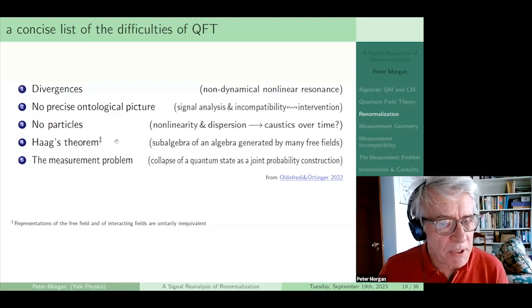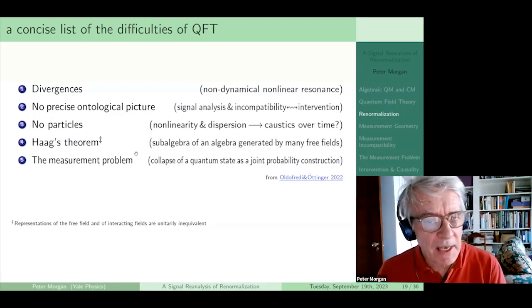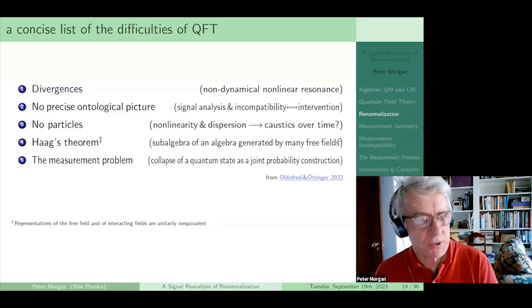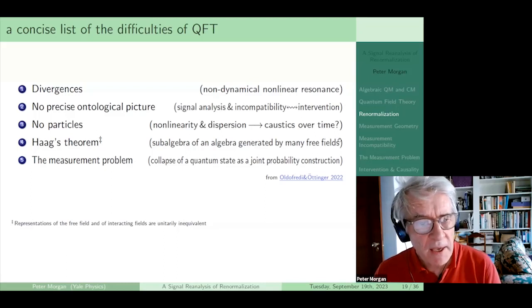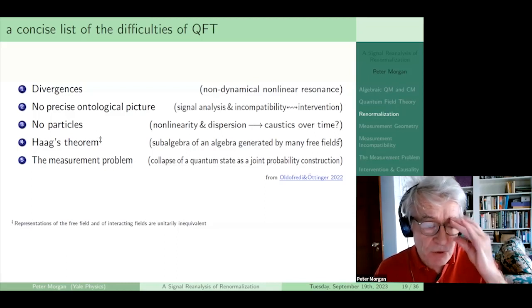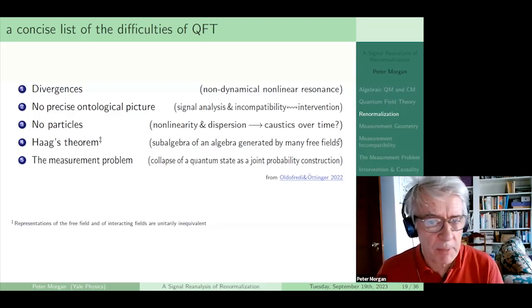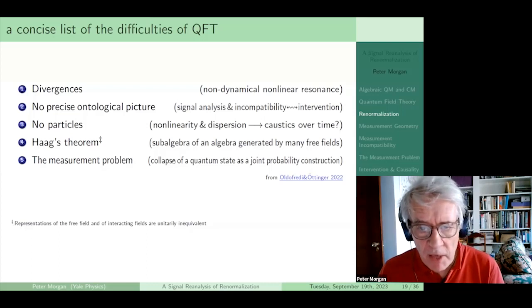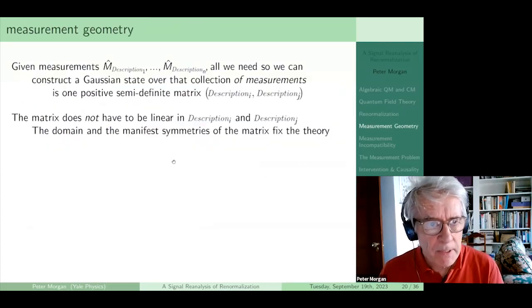Then we have Haag's theorem as a problem, but nonlinearity allows us to construct subalgebras of an algebra generated by many free fields, as I showed you in this earlier slide, which definitely gets us around Haag's theorem in the first instance, at least. And then finally, we have the measurement problem, which I will discuss shortly.